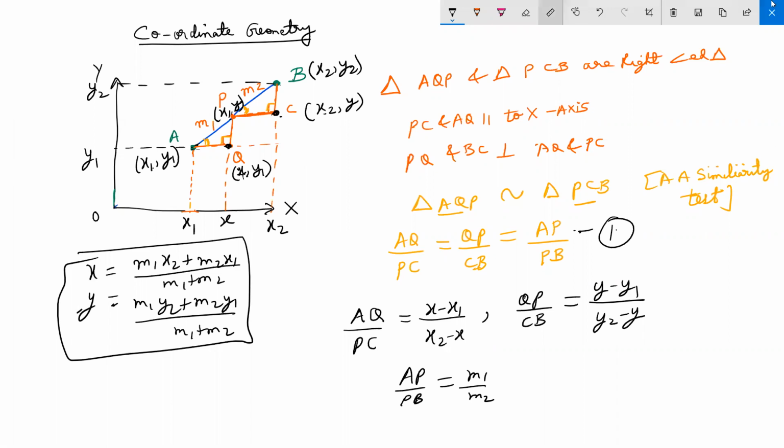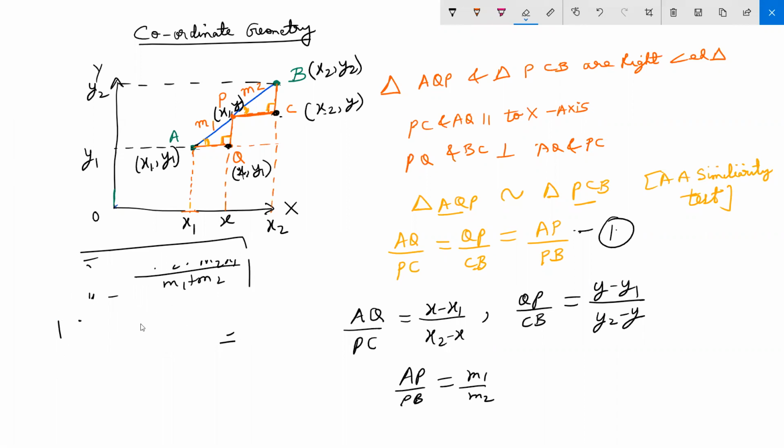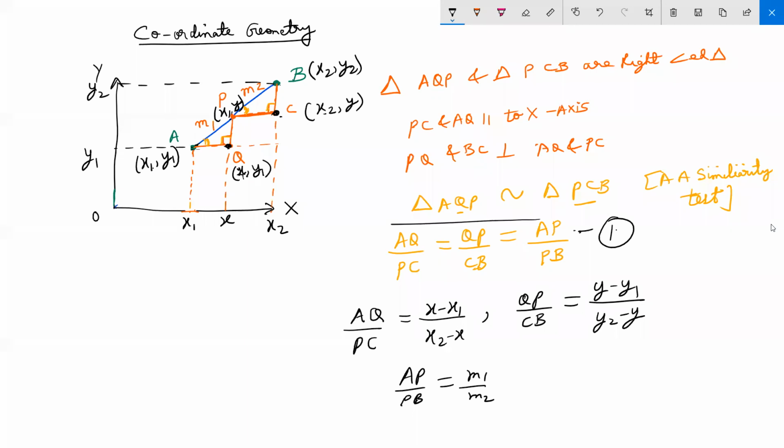Again, to proceed further, I will rub this result which we have to prove. So these three, the ratio of these three sides are in proportion.